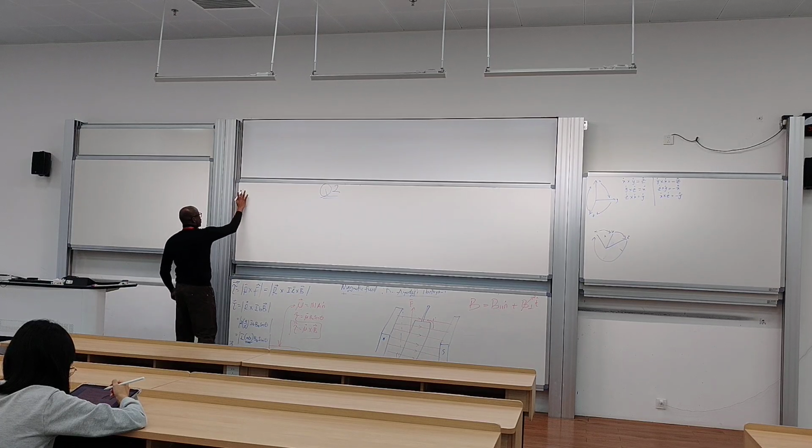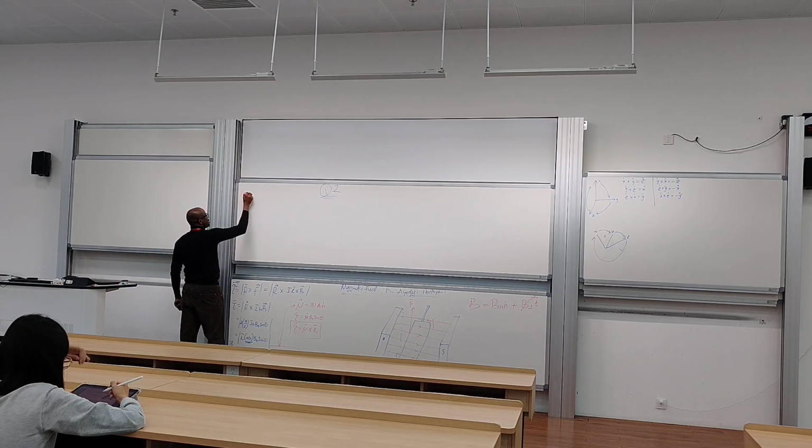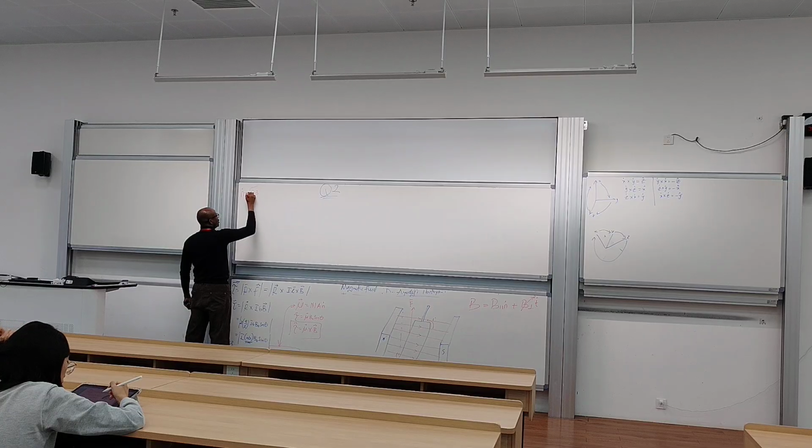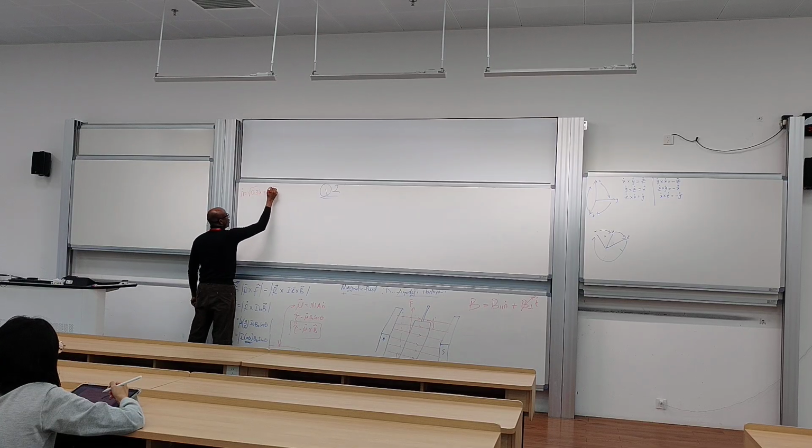We want to find B. Suppose that N is given as 0.3x plus 0.7y.